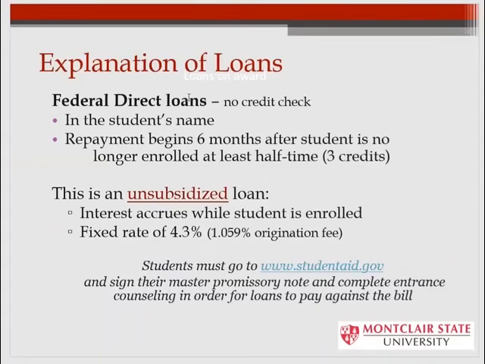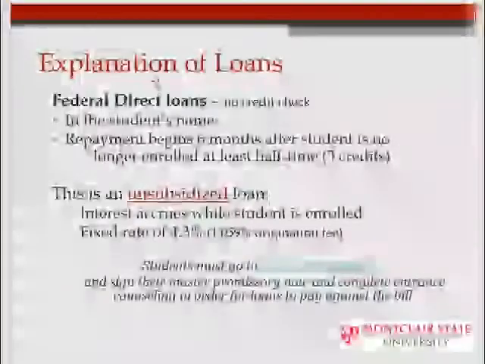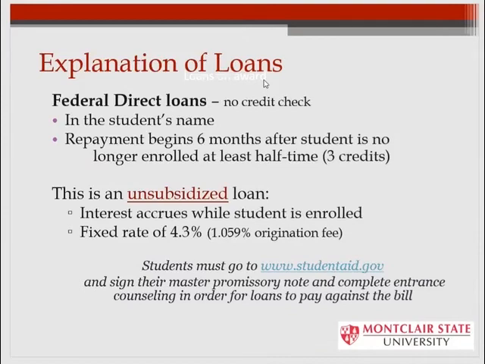Half-time is now considered 3 credits. Before it was 4.5 credits, but now it is just 3 credits to qualify as a half-time student. So this allows your loans to go into deferment if you are attending school at least as a part-time student with 3 credits.